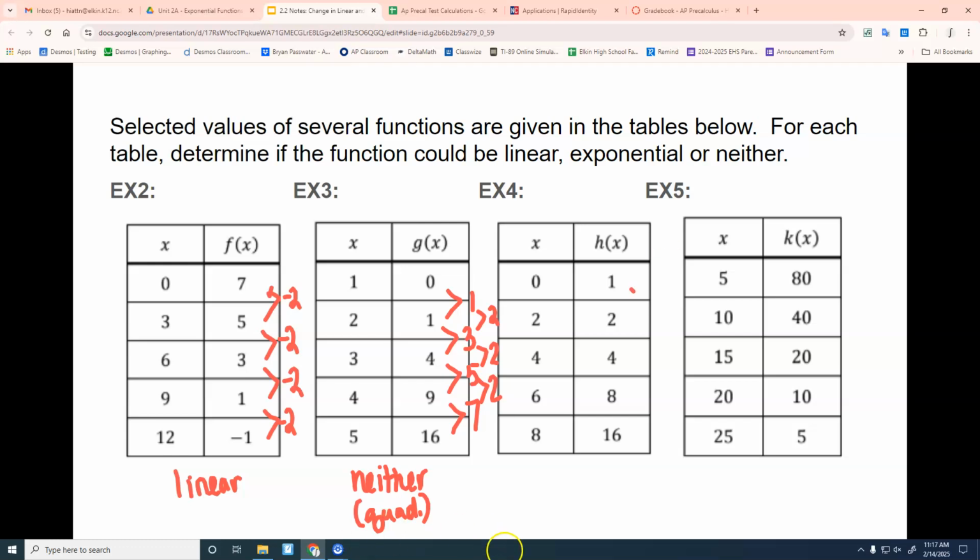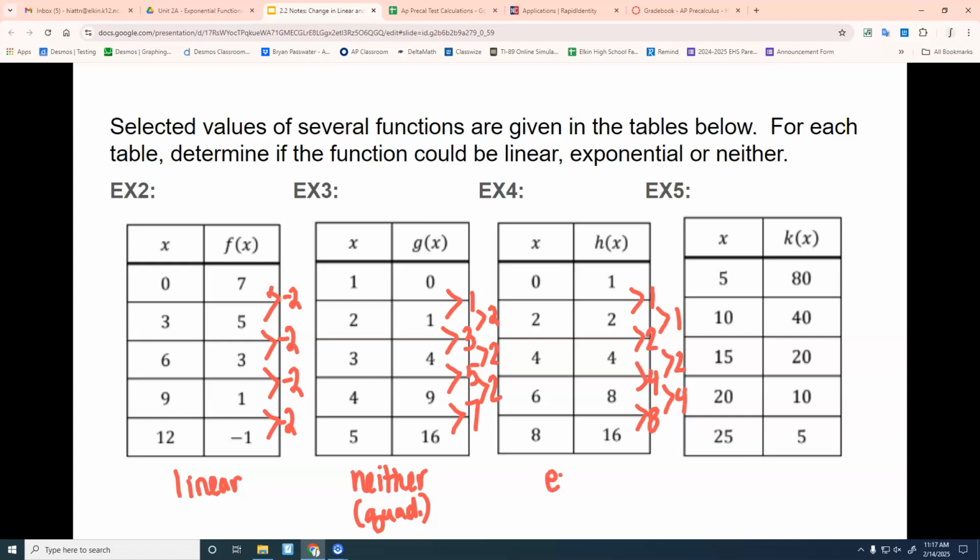Okay. If we look at 4, we go by 1, 2, 4, 8. Now, I see a pattern in that. I'm still multiplying by 2, right? Even in my rates of change. Like if I keep going, 1, 2, 4. I'm seeing that pattern, it's still multiplied by 4, right?